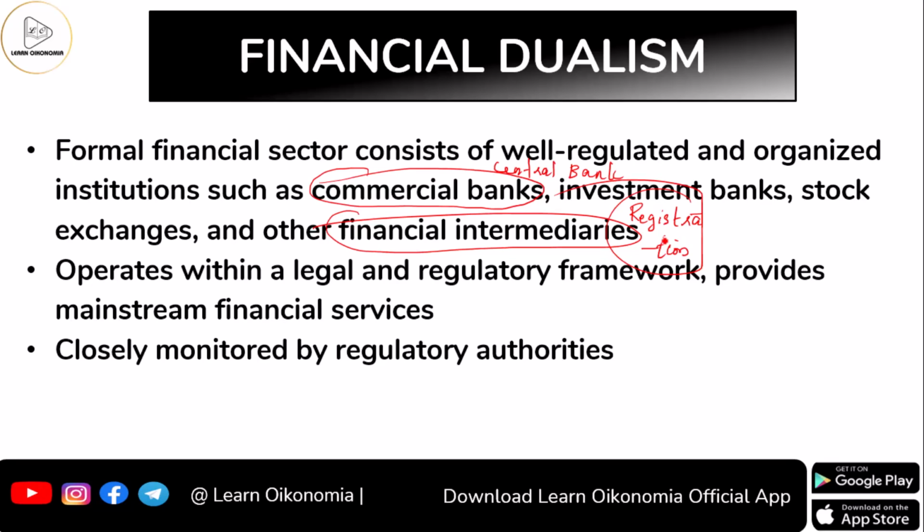Because there are strict rules and norms in a formal financial system. So rules and regulations are very important, and these entities would be abiding by the rules and regulations, and they would again be closely monitored by some regulatory institution, like RBI, as what we have in India, or SEBI, again as what we have in India. So the formal financial sector is well regulated and well monitored.